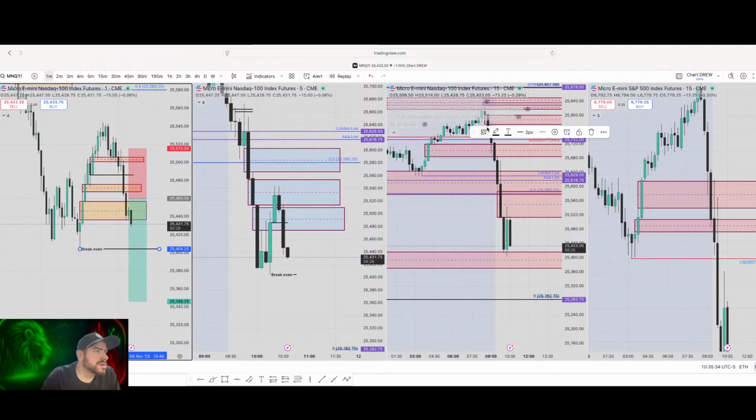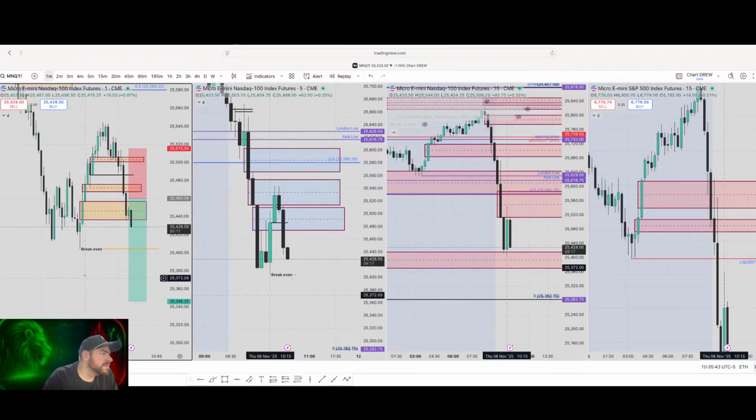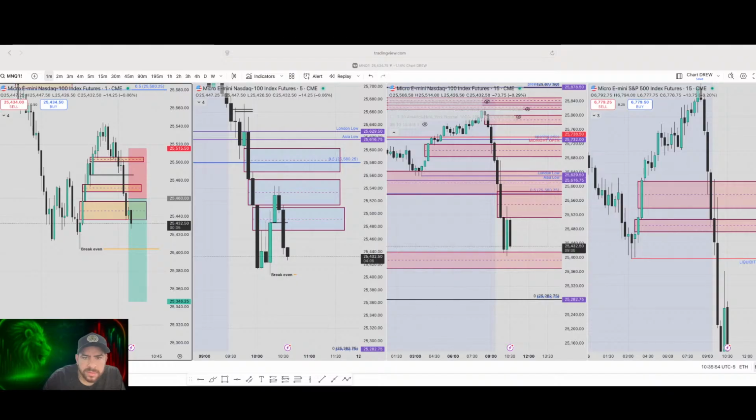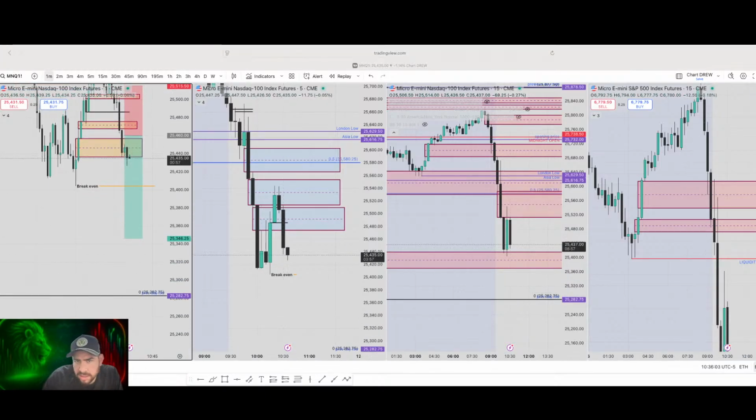Break even right there. See if this thing can flush. That was the retracement. I mean, that was it. So we took that.